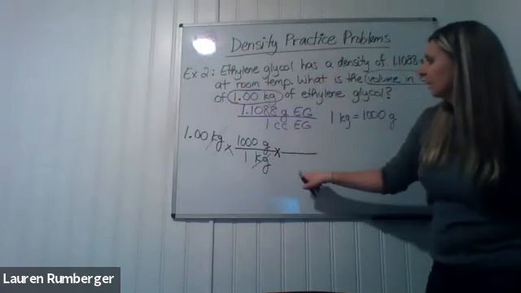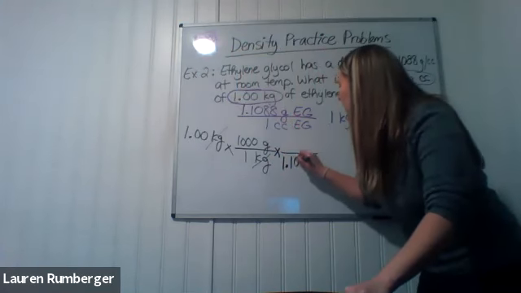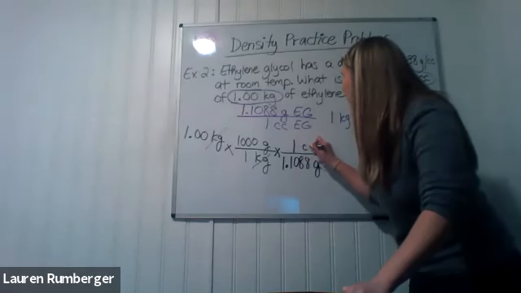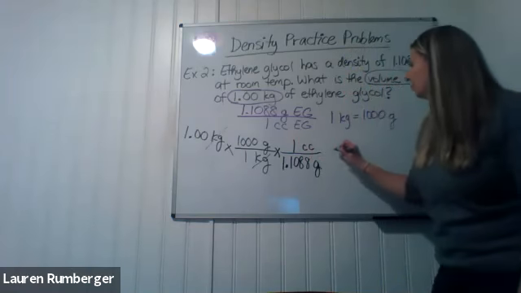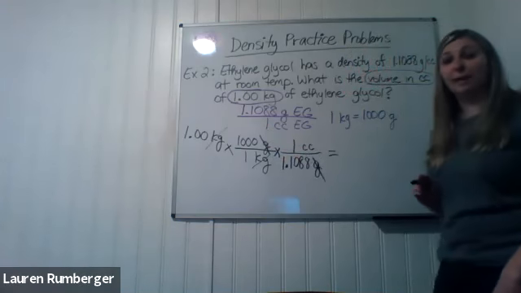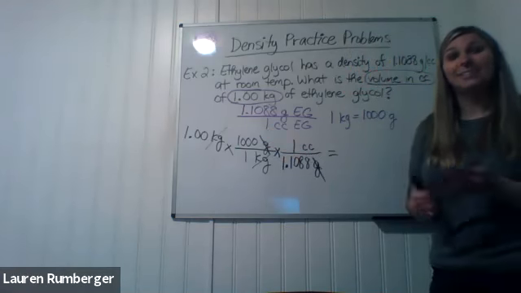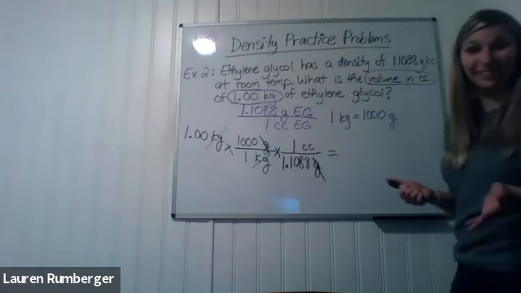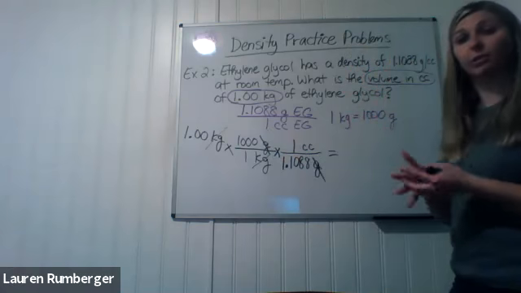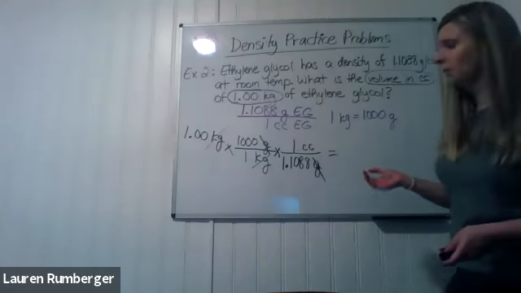In order for grams to cancel, we need to flip this fraction and put 1.1088 grams per 1 cubic centimeter on the bottom. Cancel out your units of grams, and we'll be left with cubic centimeters, or cc, or centimeters cubed, whatever you like to call it. So now that we have our units all set up and correctly canceled, the next step is to use our calculator to solve the problem.